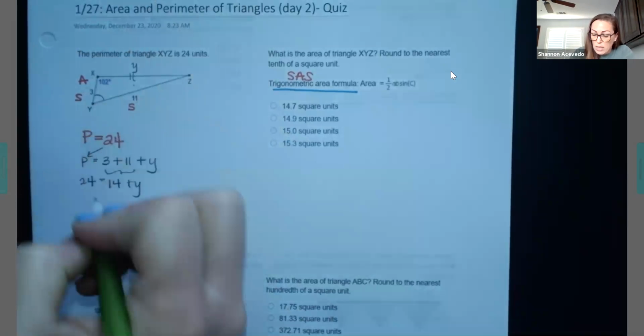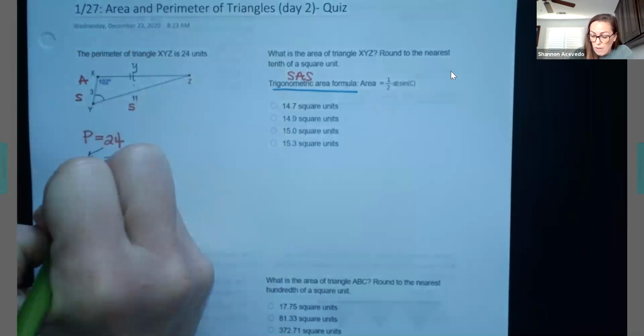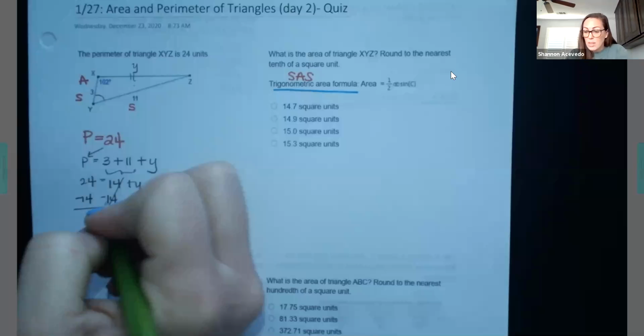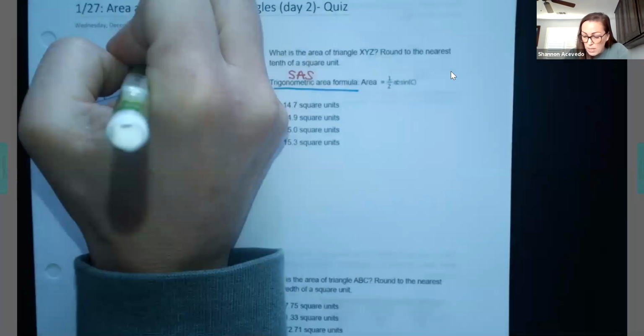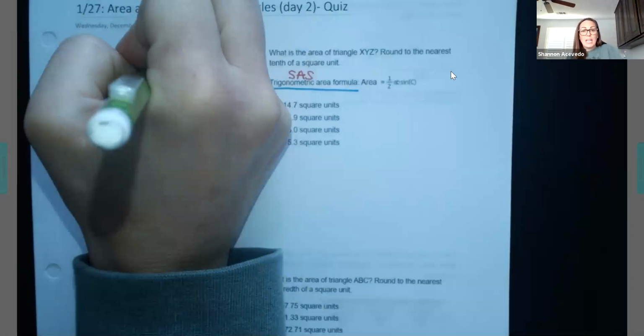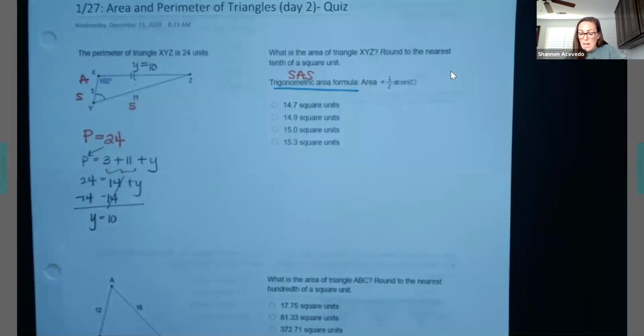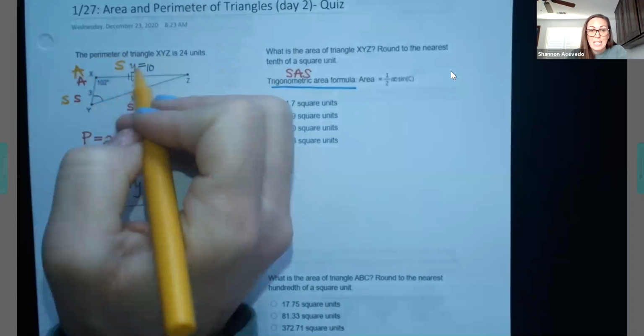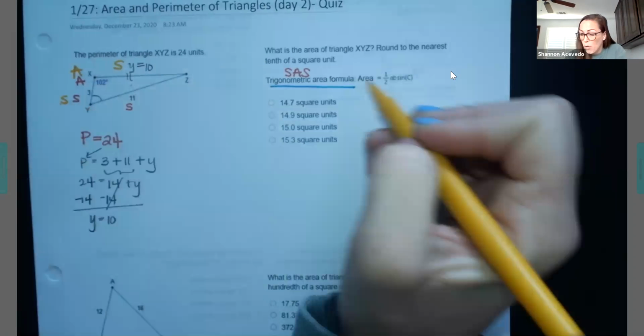This tells me that y is a value of 10. So I know that this side is 10. Because I know that, I now have a side, angle, side triangle. I now have the values for my SAS.